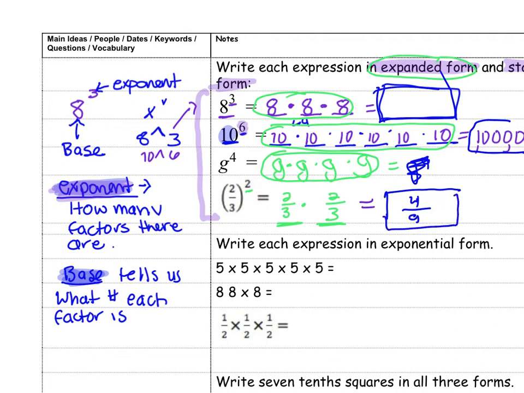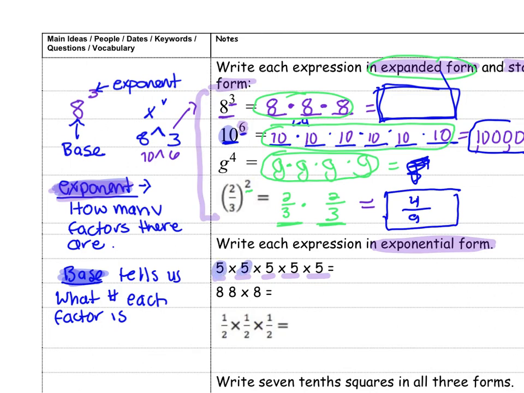All right, now we're going to go backwards. Now we're writing each in exponential form. So our base is what the factors are.